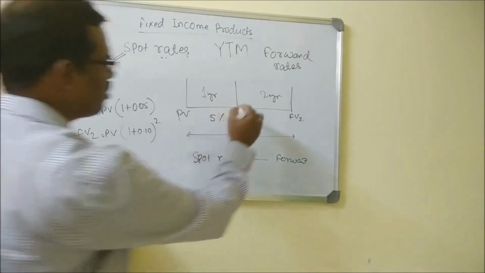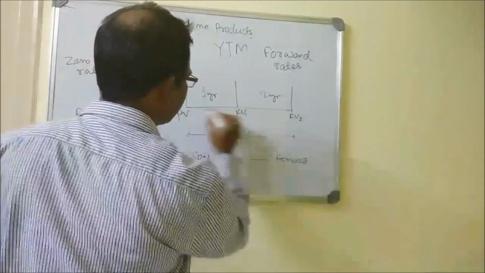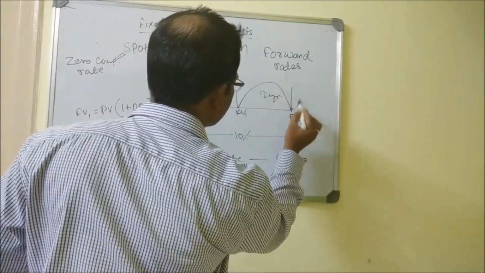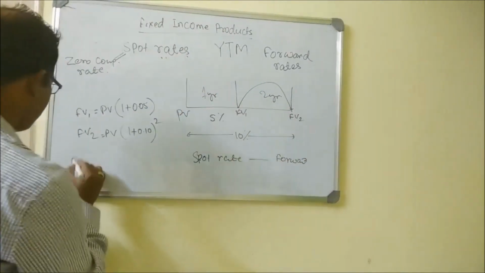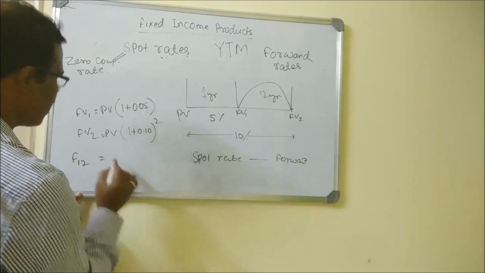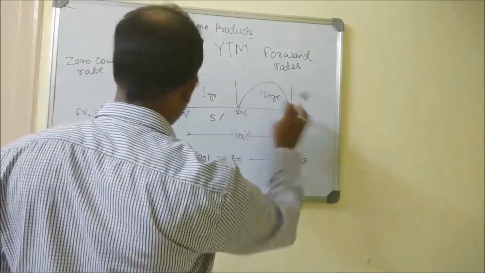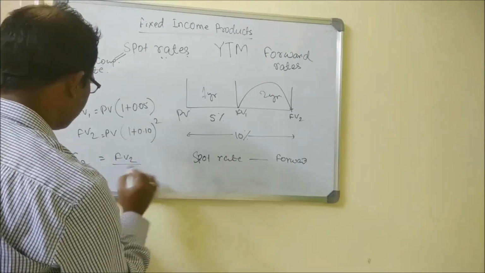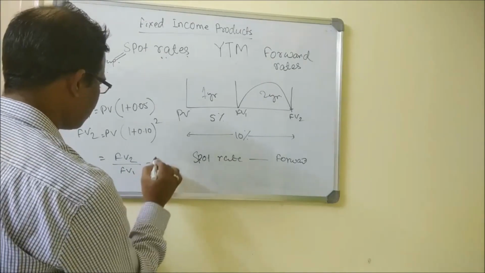So what happens? This is the 1 year rate. My forward rate is this one. If I say forward rate F12, the forward rate from 1 year to 2 years is FP2 divided by FP1 minus 1.